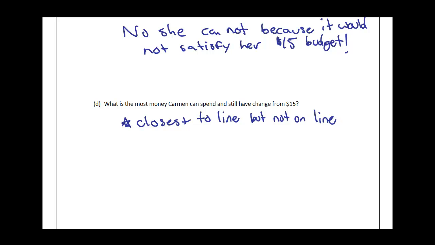If we look back at our graph, you can actually find a couple that you could use. When I looked at the graph, I found one at 2, 7.